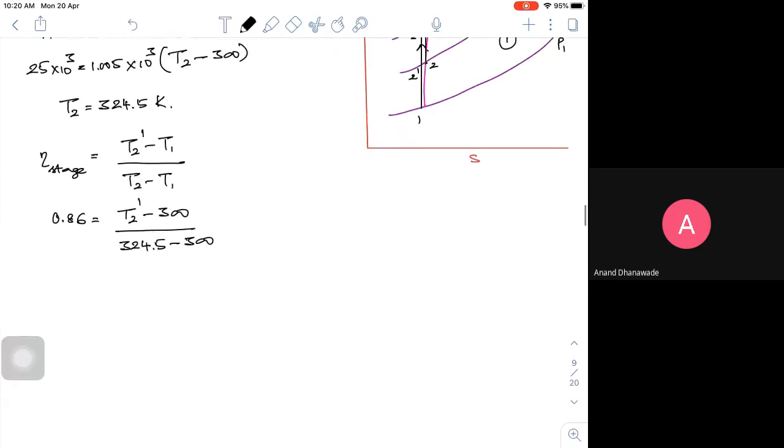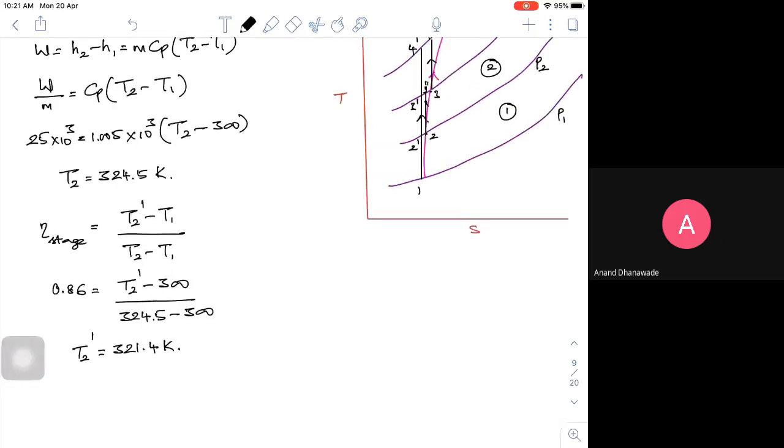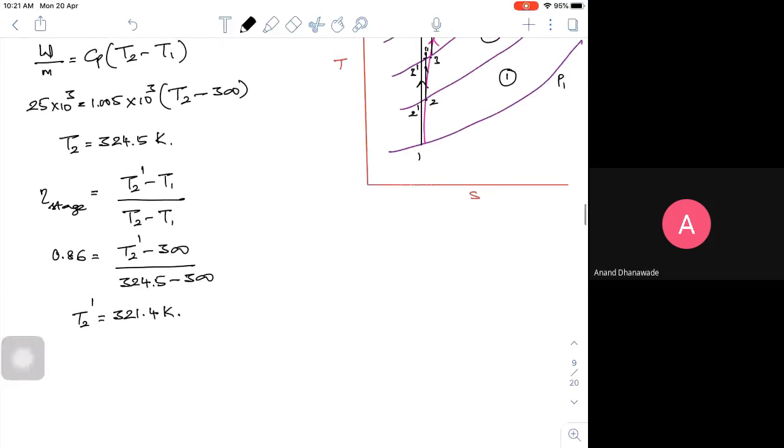So this is equal to 0.86 into 24.5 plus 300. So T2 dash, if I substitute in my calculator, is coming around 321.4 Kelvin. Look at this, T2 dash is less than your T2. So the actual temperature T2 is greater than your T2 dash. This is for the first stage.